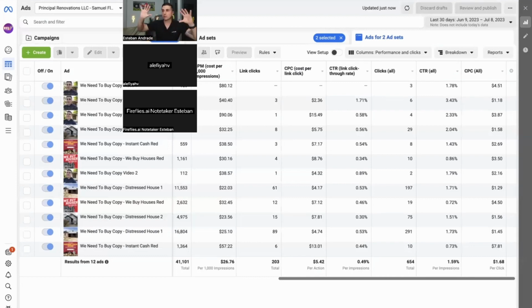Okay. One thing I've got to tell you is that you want to make decisions by seeing the bigger picture and considering multiple metrics together. So sometimes, for example, there is an ad with a higher cost per link click, but still good lead quality, which means that you're getting feedback from your clients.